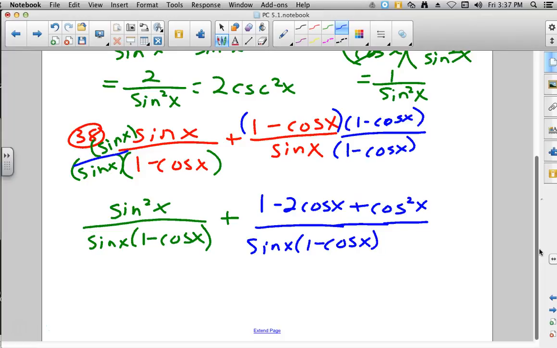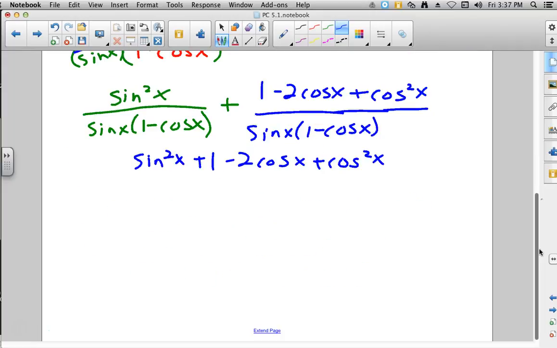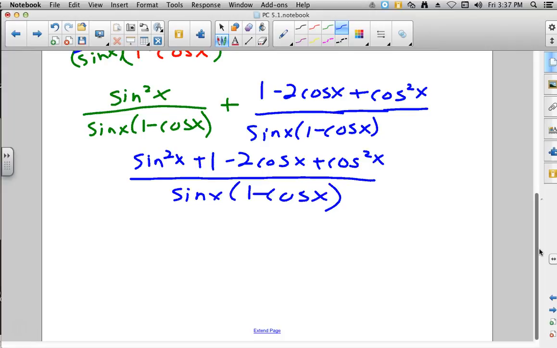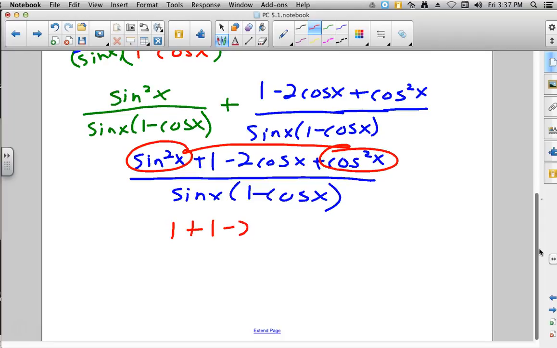All right, let's keep going, because now we have a common denominator. Let's see what happens. And we have sine squared x plus 1 minus 2 cosine x plus cosine squared x all over sine of x times 1 minus cosine of x. Well, in the numerator, we have these two, and that's 1. So that'll actually be 1 plus 1 minus 2 cosine of x all over sine of x times 1 minus the cosine of x.